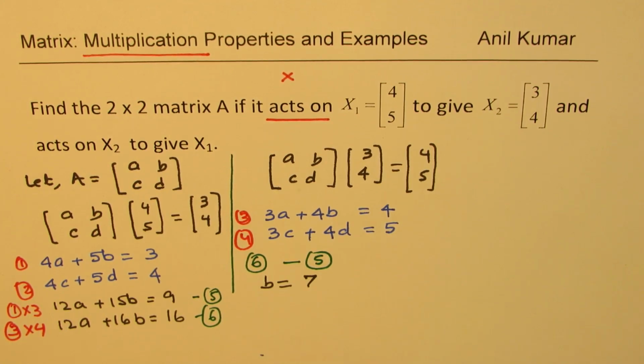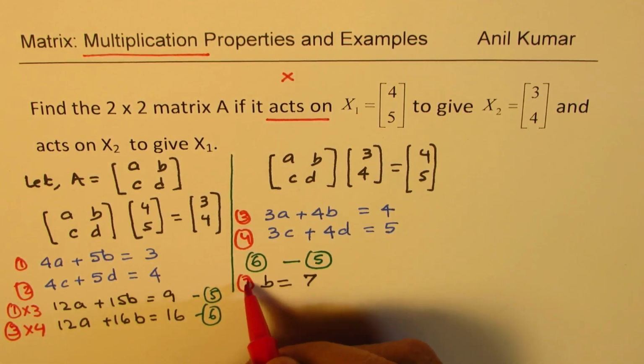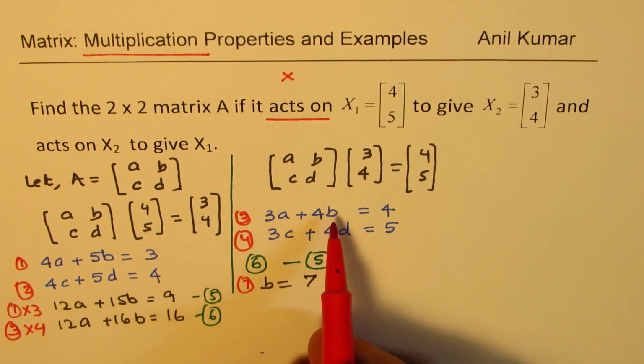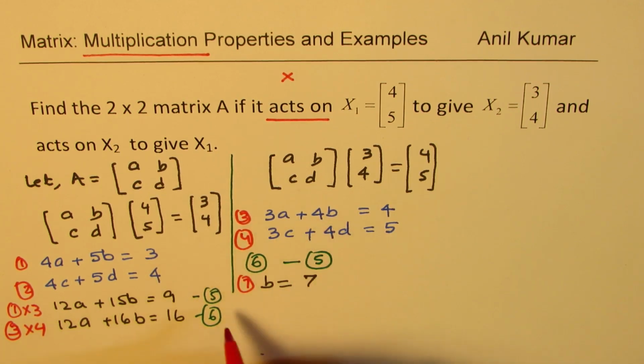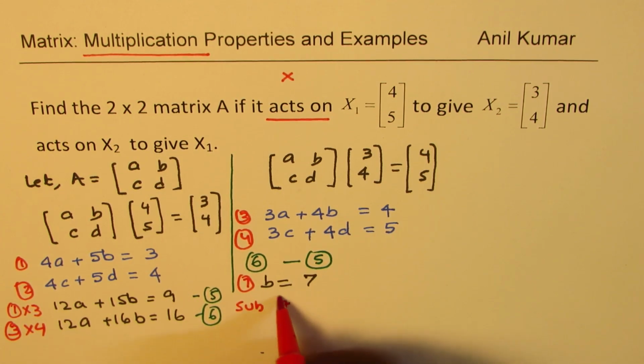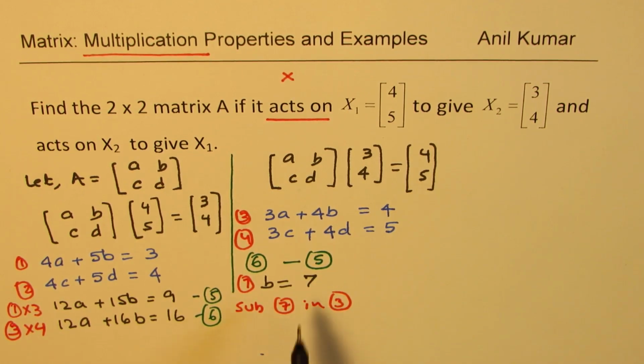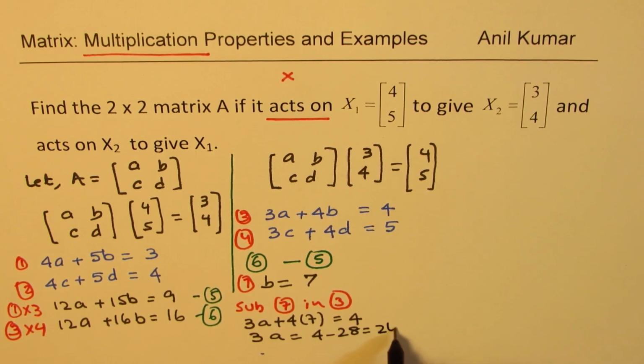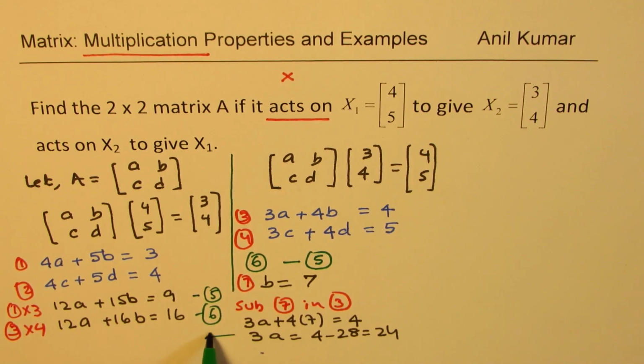Let's call this equation 7. Substituting 7 into equation 3, I get 3a plus 4 times 7 equals 4, so 3a equals 4 minus 28, which is minus 24.